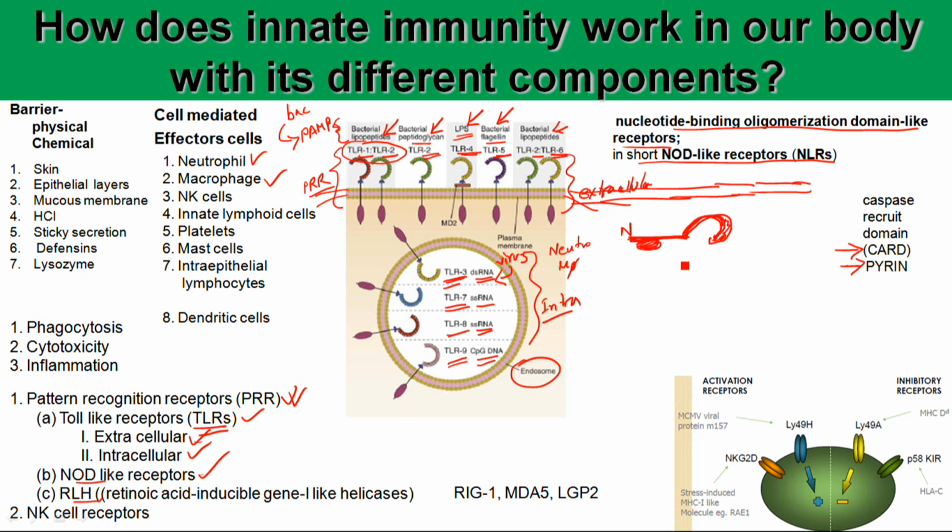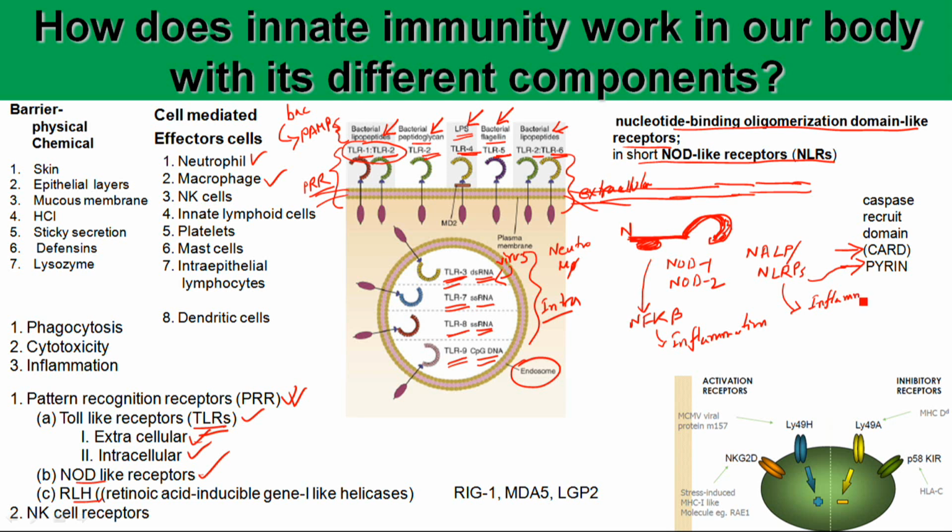Mammalian NOD1 and NOD2 are very well recognized in the NOD-like receptor family, and these NOD1 and NOD2 have the CARD domain. This CARD domain helps to signal through the intracellular pathway and produce the NF-kappa B, which finally produces the inflammatory response. But the other NOD-like receptor family, like the NALP family, which is also called the NOD-like receptor proteins, they have the pyrin domain, and they are the component of the inflammasome.